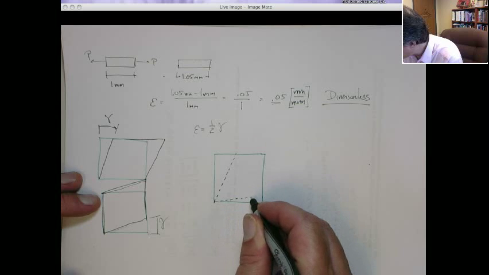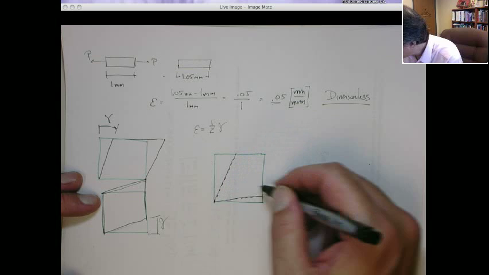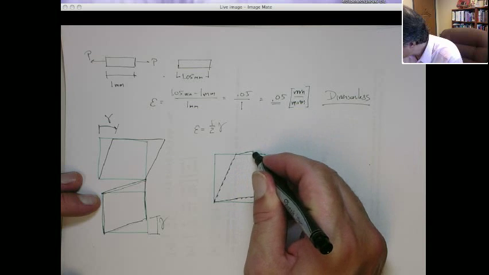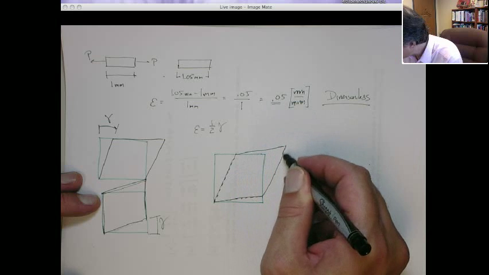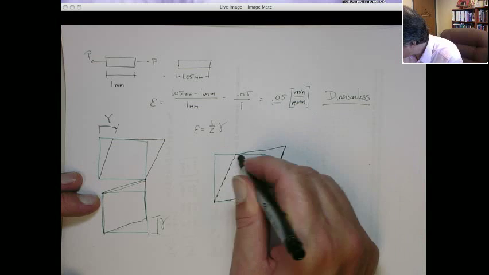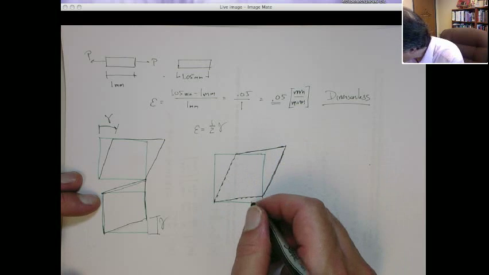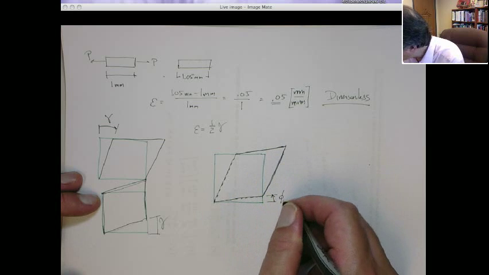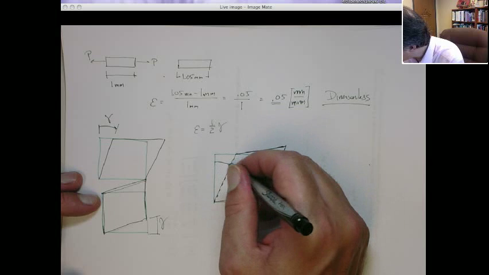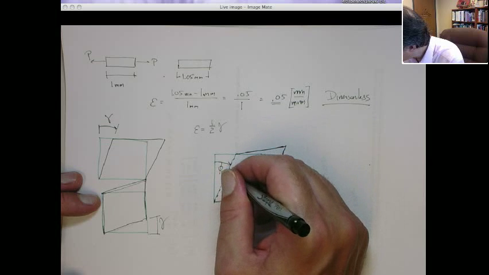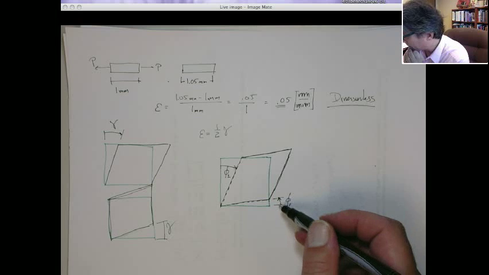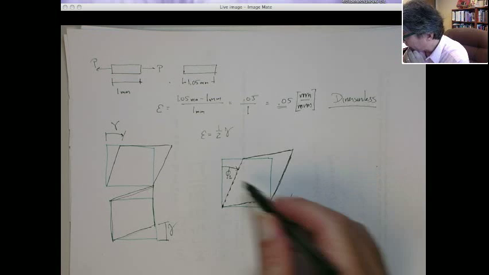Purposely going to not make these angles be the same. And I'm going to call this angle Phi1, and this angle here Phi2. I'm going to be careful about the orientation of the angles.